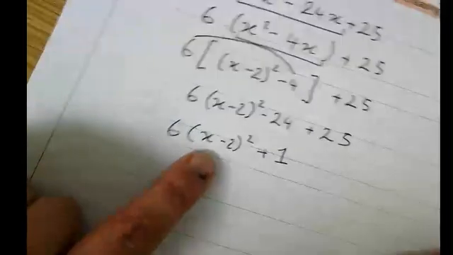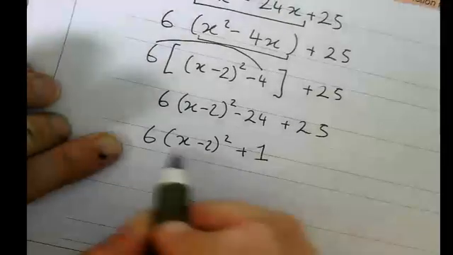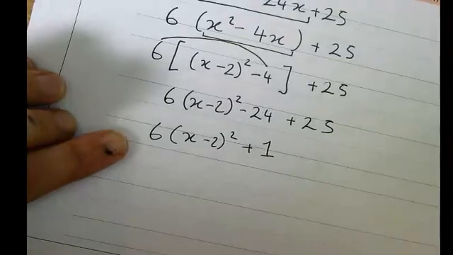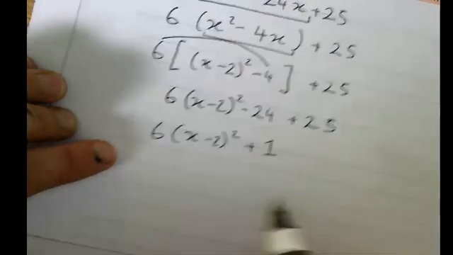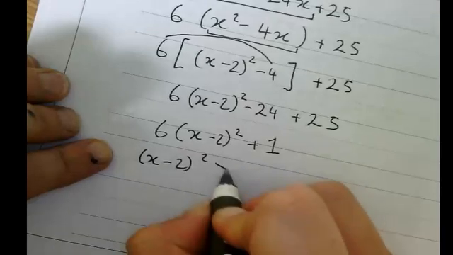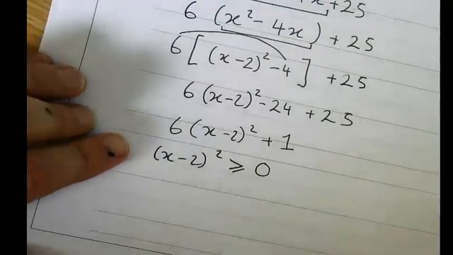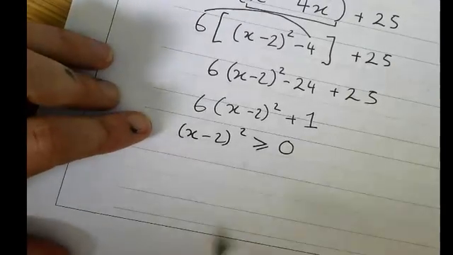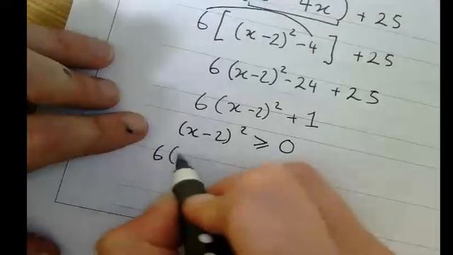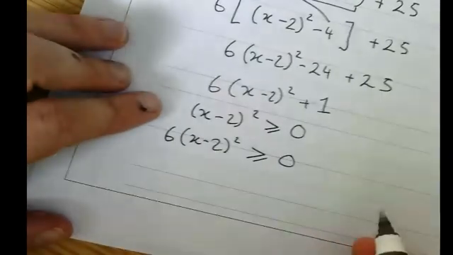I'm trying to justify that this is always positive. Well, I know that x subtract 2 all squared, the smallest it could be is 0, so it's always going to be greater than or equal to 0. So I'm going to state that x subtract 2 all squared is always greater than or equal to 0, which means 6 lots of that is going to be greater than or equal to 0.